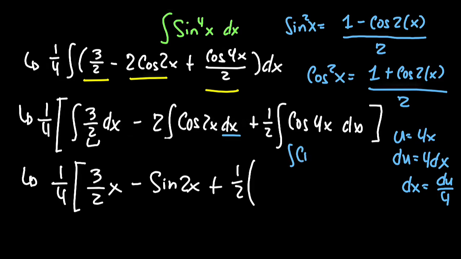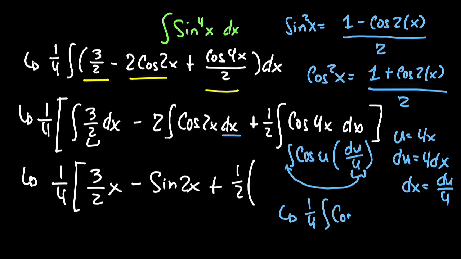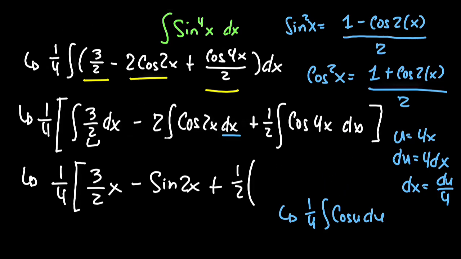So this should be cosine of u multiplied by dx, which is du over 4. So putting 4 outside the integral, this should be 1/4 integral of cosine of u du. And so 1/4 multiplied by 1/2 would be equal to 1/8. So that can be erased.